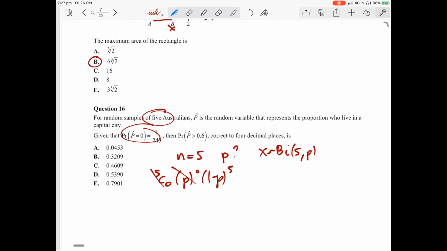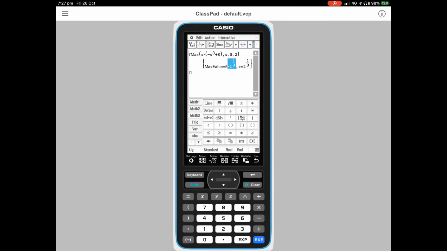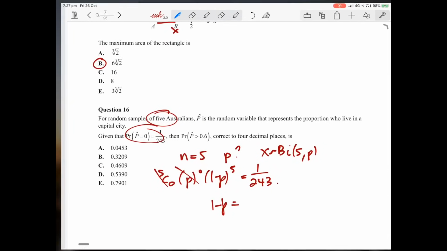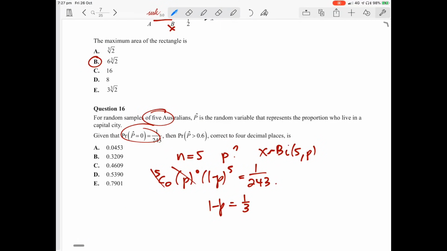That's 1, that's 1. 1 minus P to the power of 5 has to equal 1 on 243. So I get 1 minus P is equal to the fifth root of 243? It's got to be 3. What am I doing? So it's going to be 1 on 3. So P is equal to 1 minus 1/3, which is 2/3.